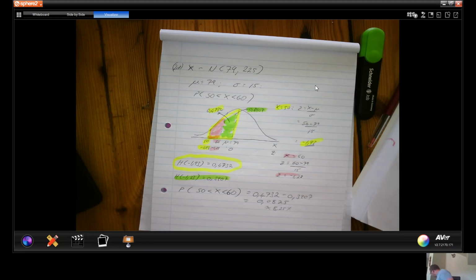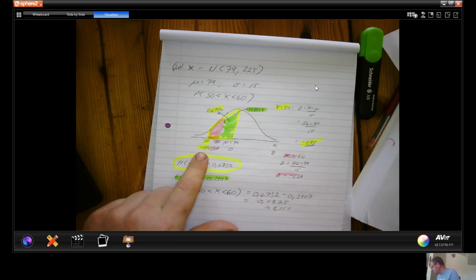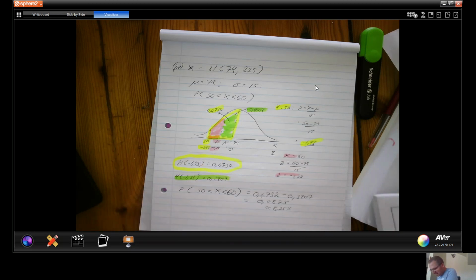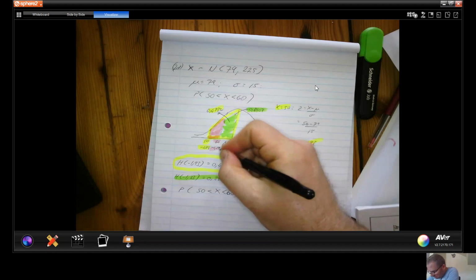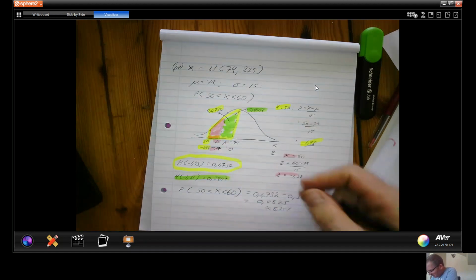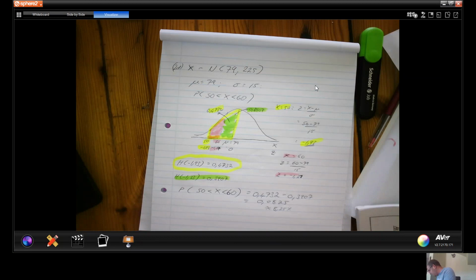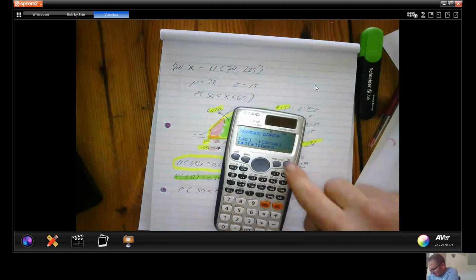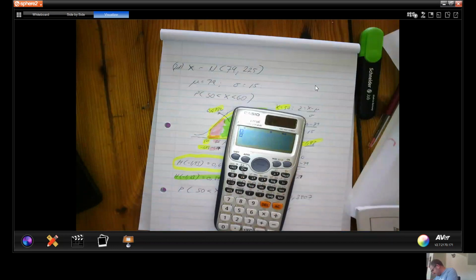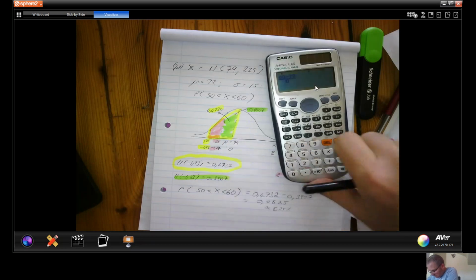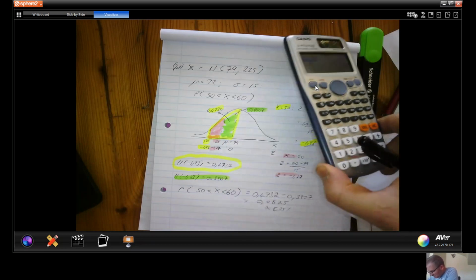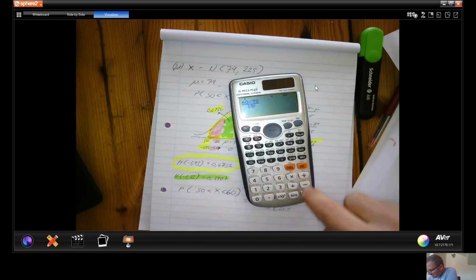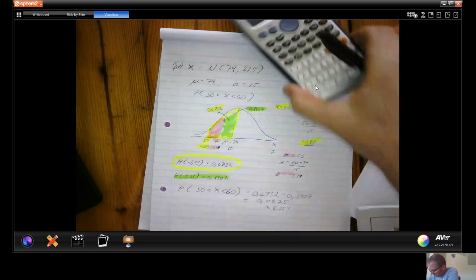And whoa, I seem to have done something wrong. Let's have a look. Z was negative 1,93. That's right. That's negative. My handwriting. This is negative 1,27. Okay, 60 minus 79 over 15 is apparently negative 1,27. Bad handwriting. Let's check. 60 minus 79 divided by, oh, what a balls up, over 15 is negative 1,27.